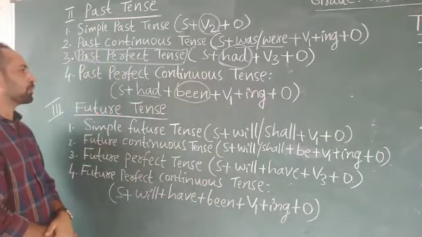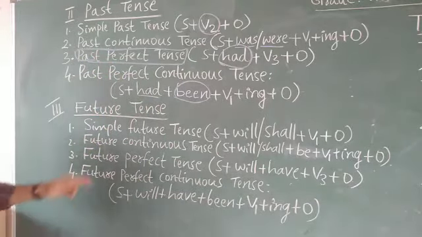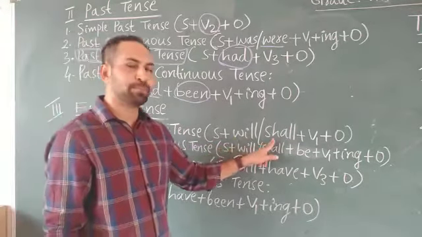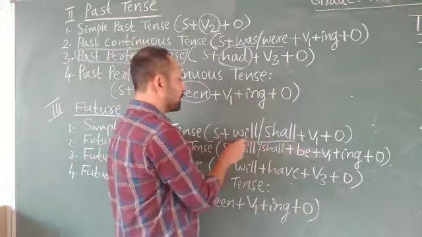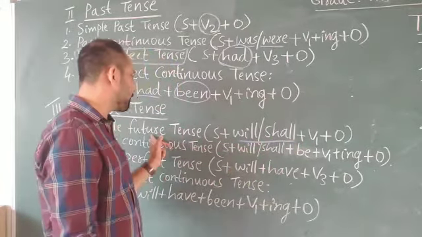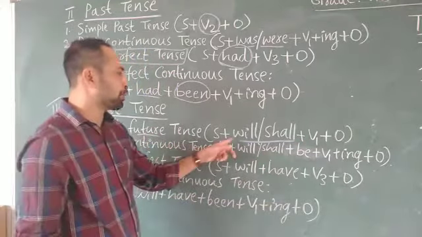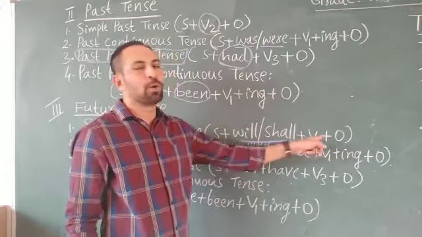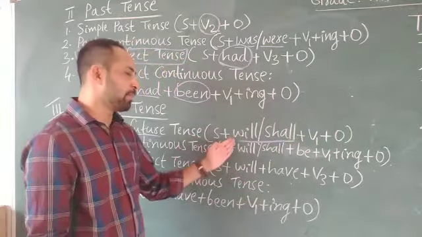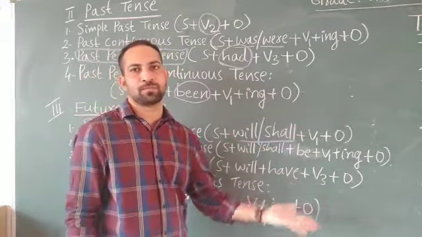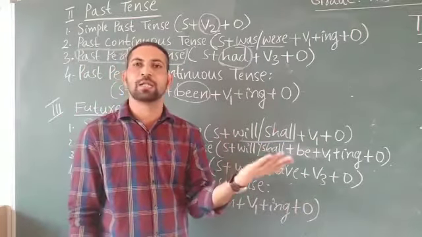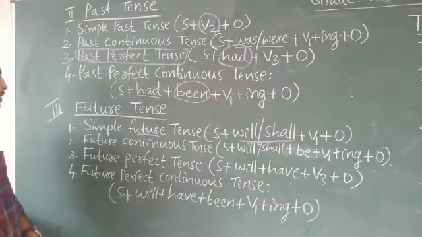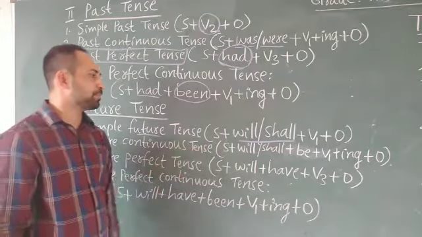Next, future tense. Simple future tense. The rule is subject plus will or shall. Always remember, in simple future tense, we have to use the supporting verbs will or shall plus V1 plus object. The example is, I will study English or I shall study English. Next, future continuous tense.